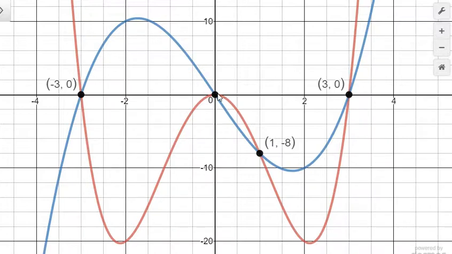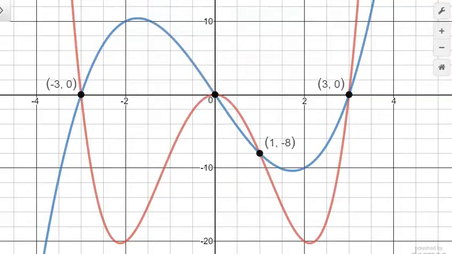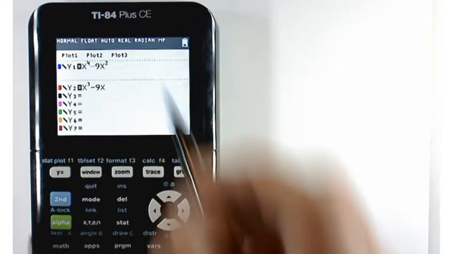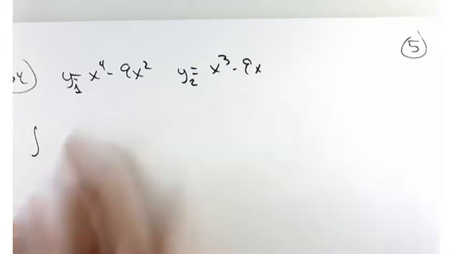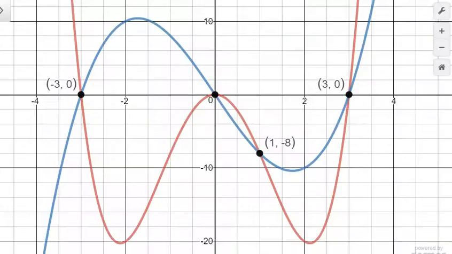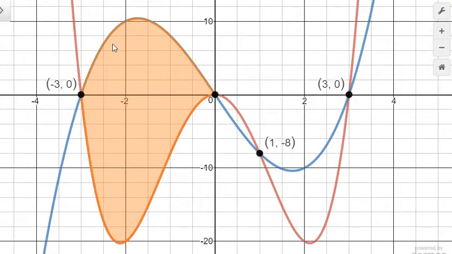So let's see here. I plug this in. Let me show you my calculator. So y1 is this function. y2 is this function. I'm going to find my first area, and let's shade that first area here. I'm going to find that first area by integrating between -3 and 0.